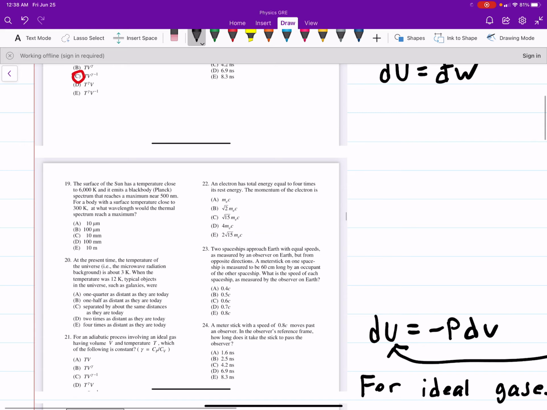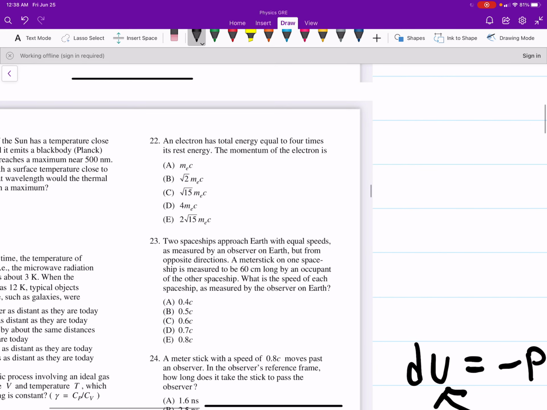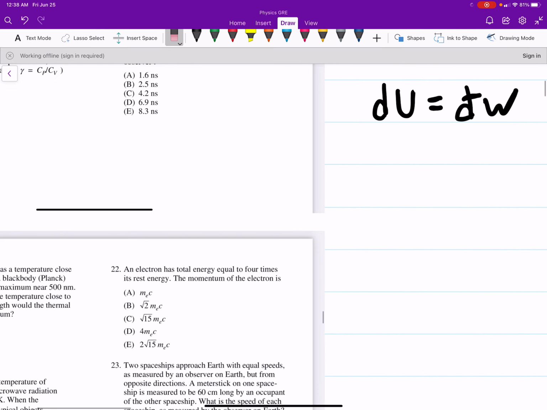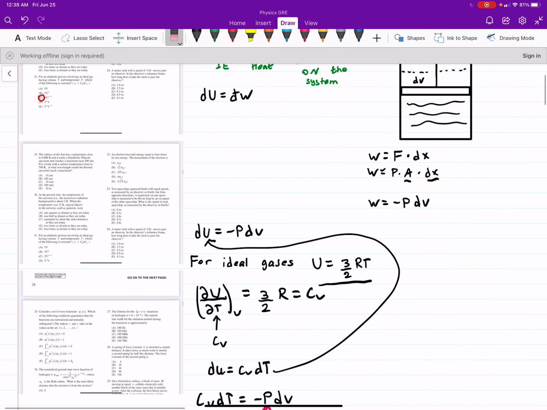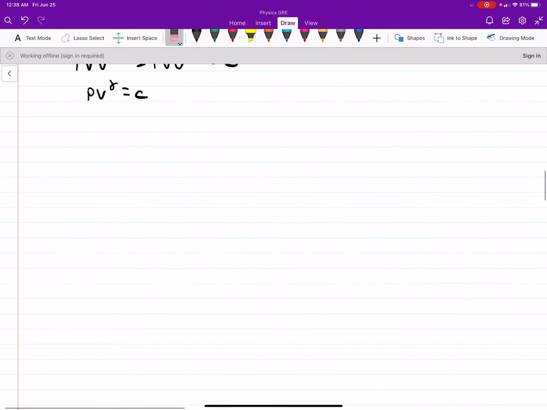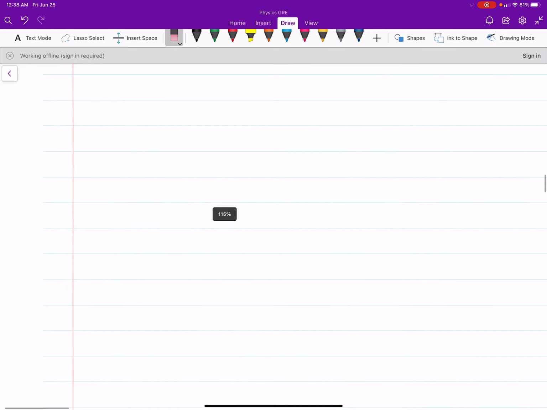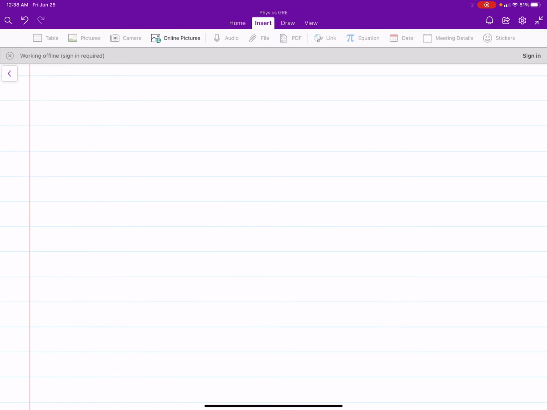But anyways, 22. An electron has total mass energy equal to 4 times its rest energy. The momentum of the electron is, so the equation we'll use is, you can see it here, but I'm going to write it down over here.